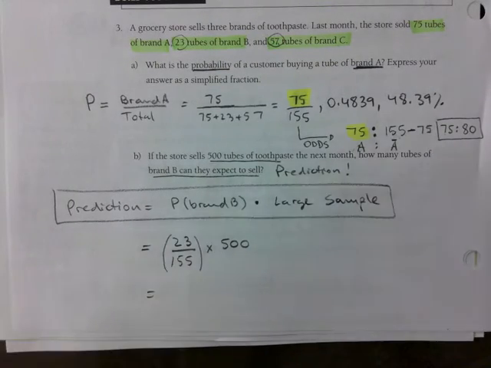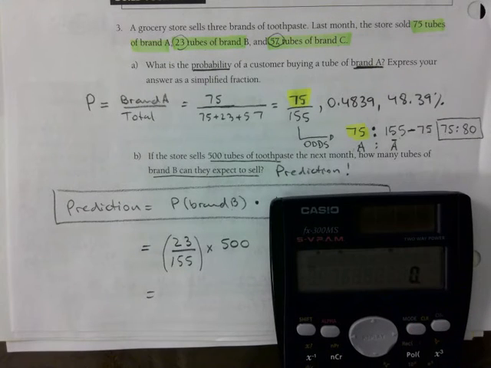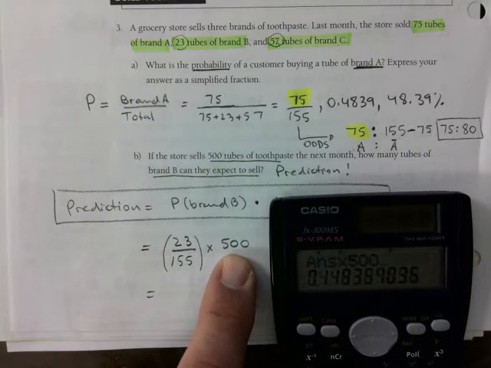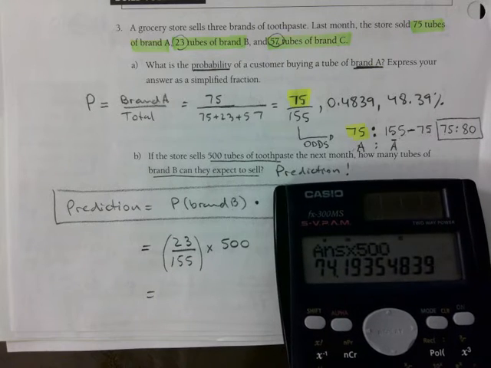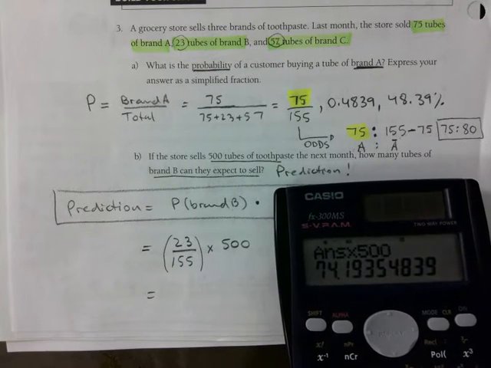Grab your calculator with me. Like, you need to know how to type this in or else you're in trouble still. So I go 23 divided by 155, hit equals, right? Hit equals. Then you go times whatever lies outside, right? So times that. So now it's 74.19.